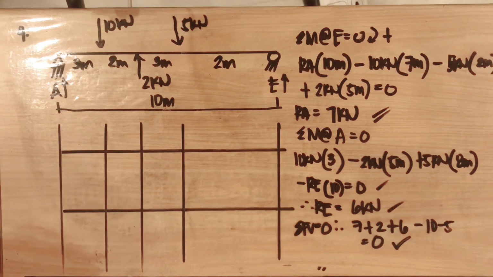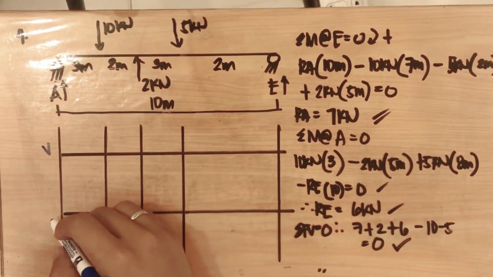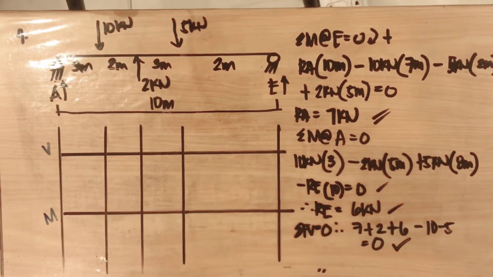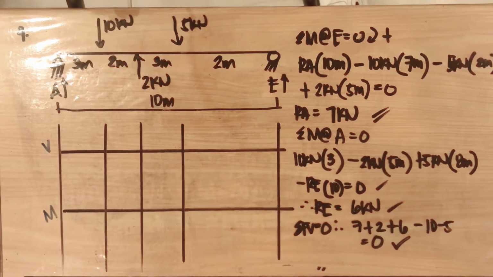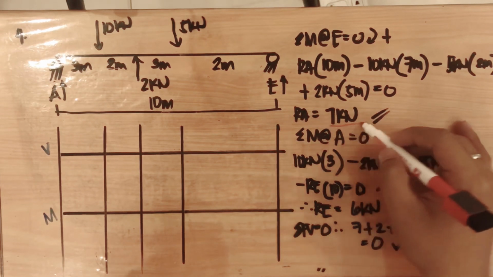To draw the shear and moment diagram, start tayo from left to right. So shear diagram tayo. For the shear diagram, V, then for the moment diagram is M. So starting at support A, ang given data natin is 7 kilonewton, positive.